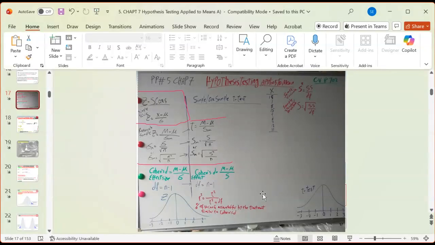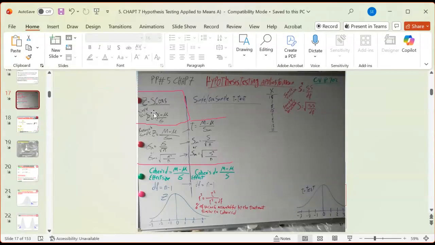Cohen's d, for example, is the difference between the two groups, or the sample and the one we compare it to. The larger the difference, the better, meaning the more power your research has to reject the null.